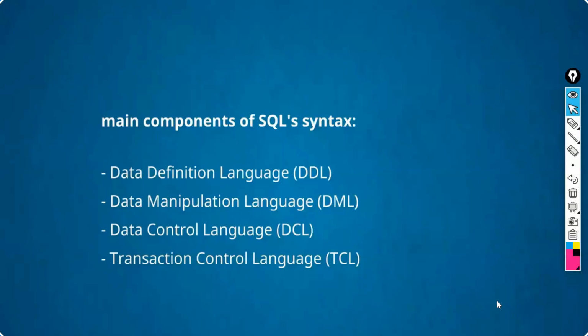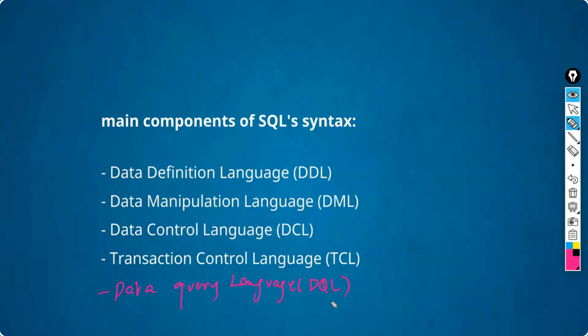SQL consists of different types of languages, out of which the first is called data definition language. The second is called data manipulation language. The third is called data control language. And the fourth is called transaction control language. So these were the 4 different languages earlier. Now, the fifth one is also there, called data query language, DQL.